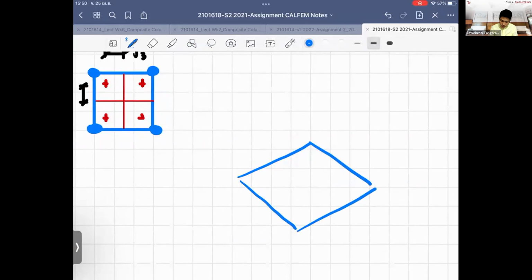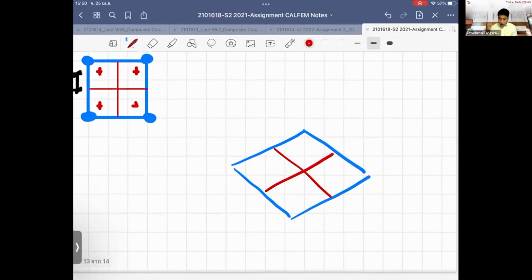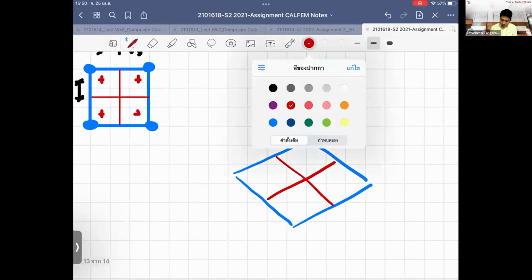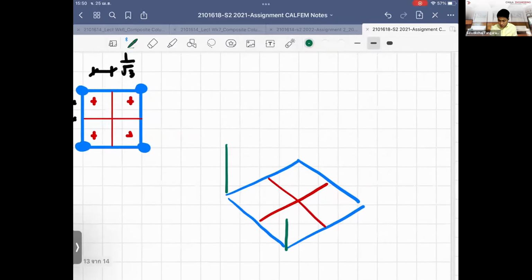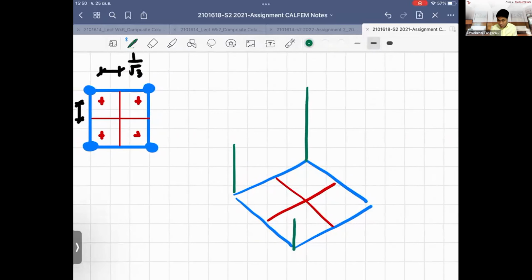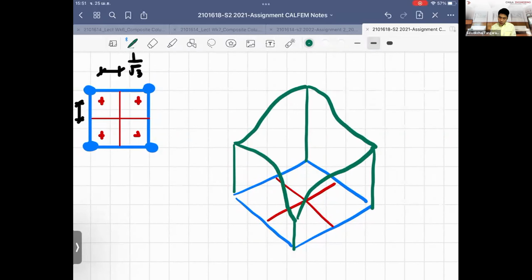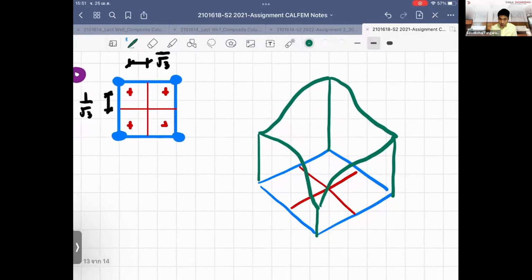And I'm saying that we subdivide it. And the distribution of the stress, for example, that we want to investigate, might be in a highly nonlinear pattern. So this might be the surface.